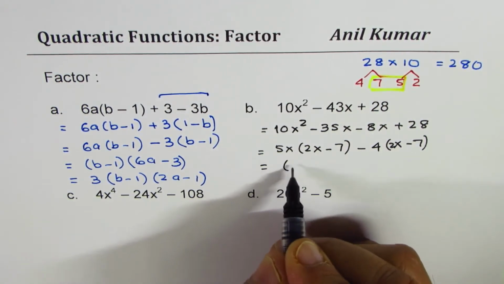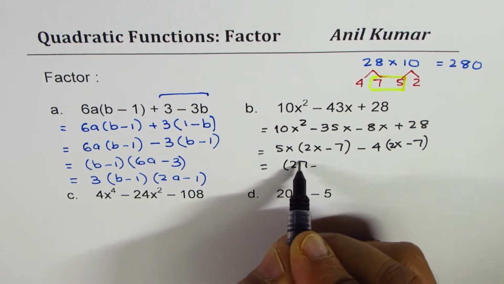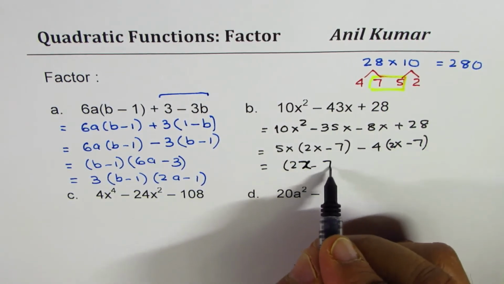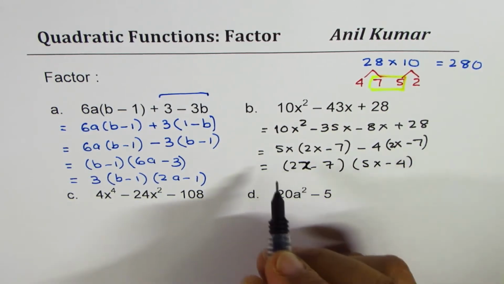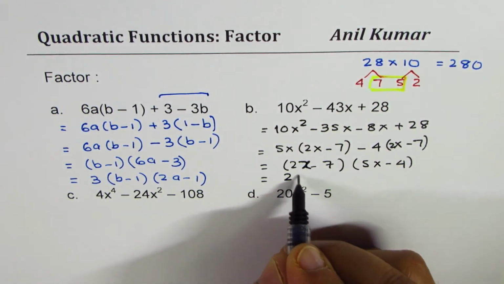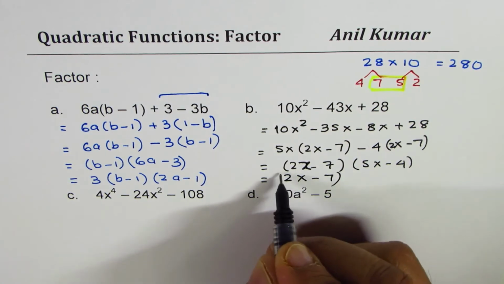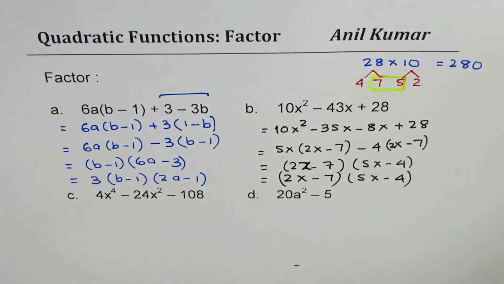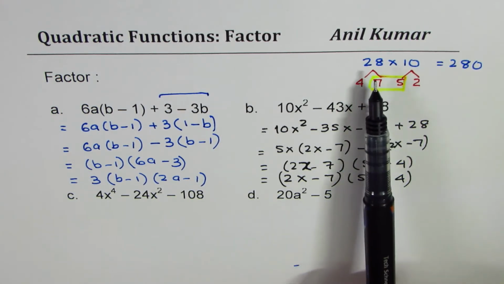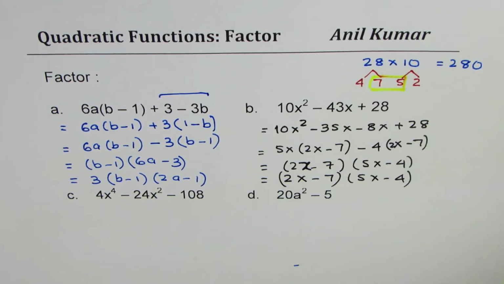Now we can take 2x minus 7 as a common factor, and you get 5x minus 4, right? So the answer here is (2x minus 7)(5x minus 4), correct? So that is how you have to factor such quadratic expressions. I hope you appreciate the idea of factoring the individual numbers and then figuring out the right choice.